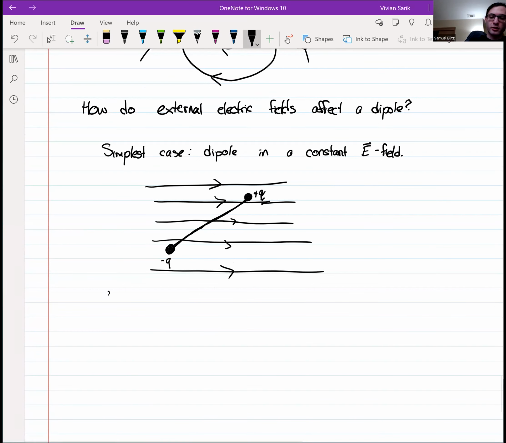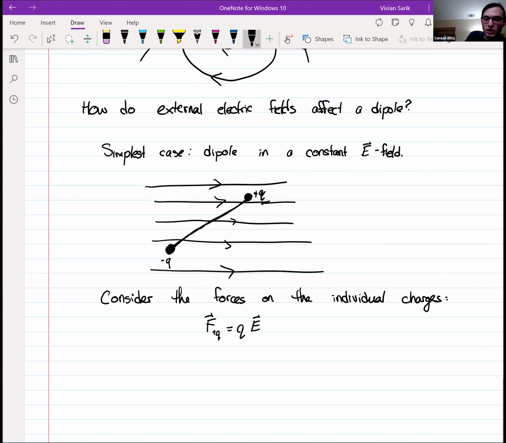So let's consider the forces on the individual charges, because we know how to do that, right? The force on a charge is just the charge times the electric field. So the force on plus Q is just Q times the electric field, and it would be pointing to the right, because that's the direction the electric field is in.